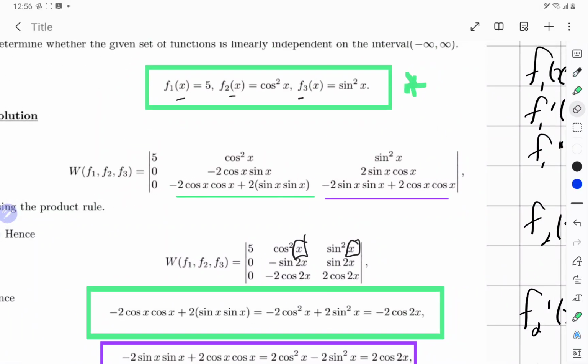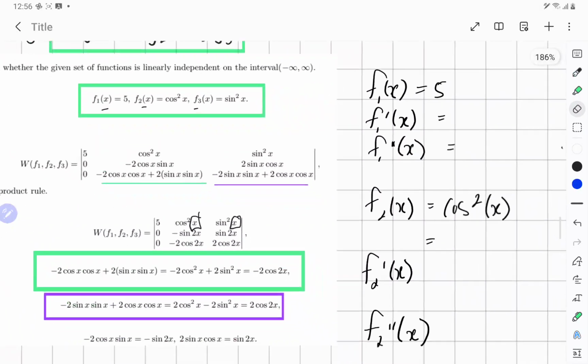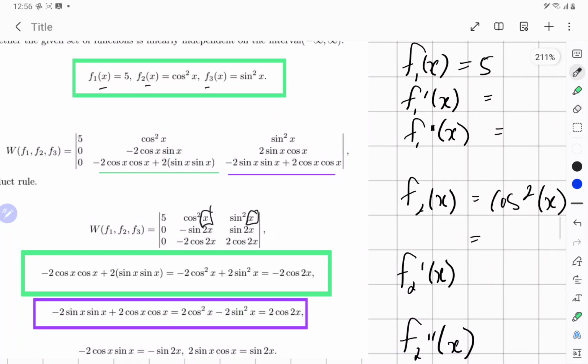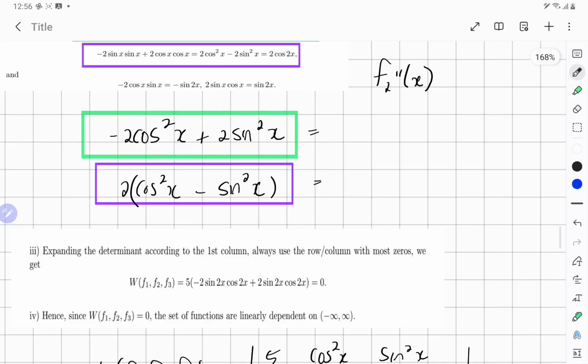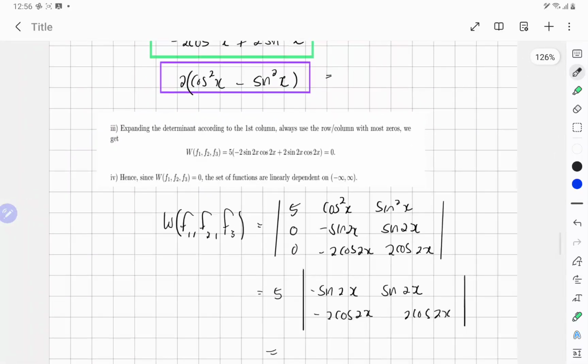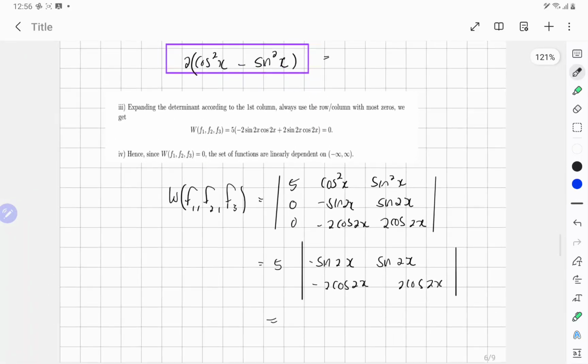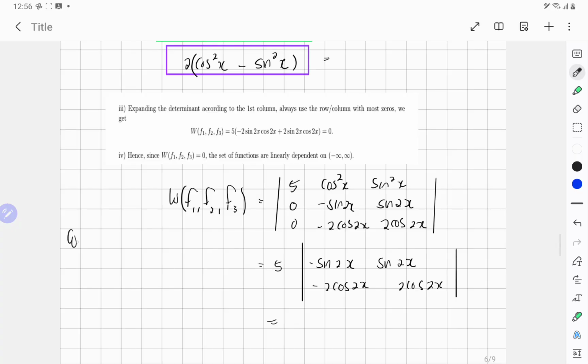Now let's get straight onto our Wronskian. Because we have three functions, we need a 3 by 3 determinant. Very important for our 3 by 3 determinant, for our Wronskian, we will have F1, F2, F3 in the first row.